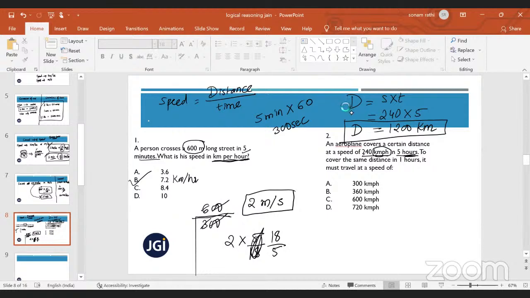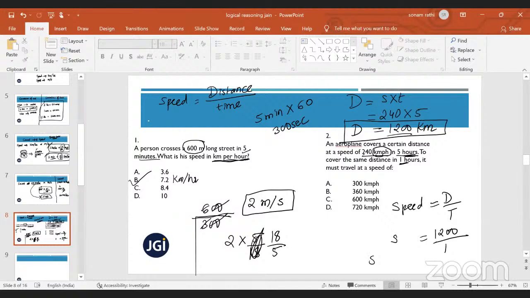To cover the same distance in 1 hour, what should be the speed? So speed is equal to distance upon time. Distance is 1200, and time is 1 hour.